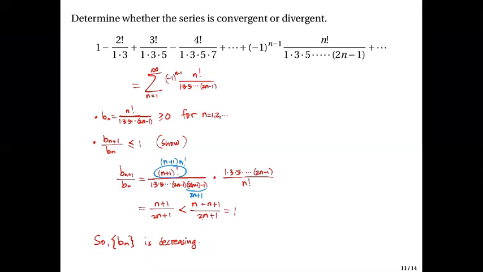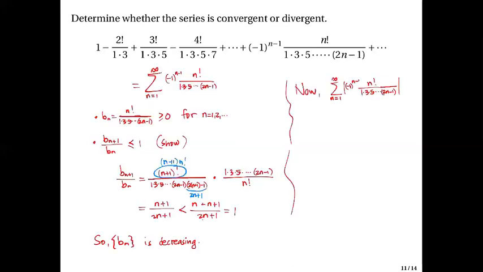So how do we do that? Now we consider the absolute values of the terms: negative 1 to the n minus 1 times n factorial over 1 times 3 times 5 times 2n minus 1, from 1 up to plus infinity.